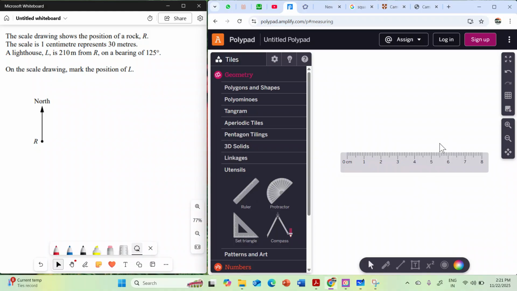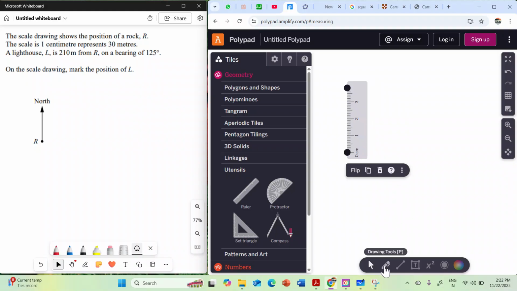So here I will take a scale and draw a line.